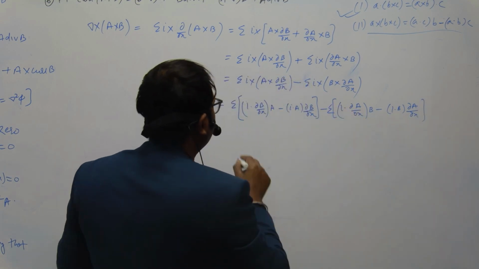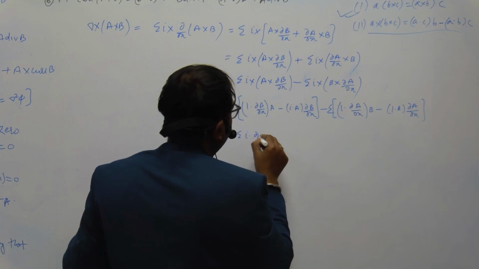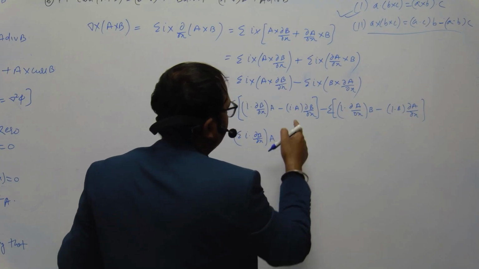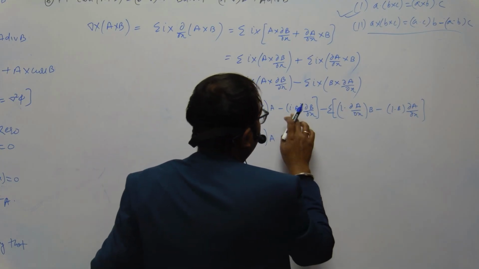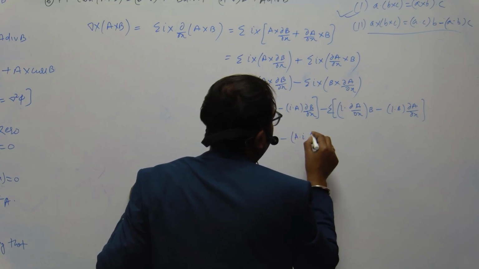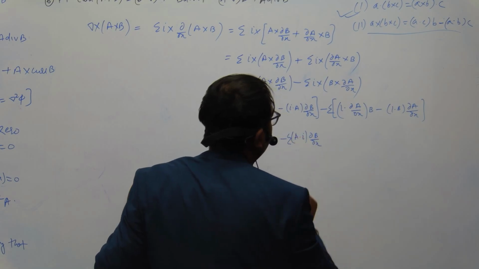So this is equal to summation i dot del b upon del x into a minus, let us change this, we can write this as a dot i into del b upon del x, this is summation.